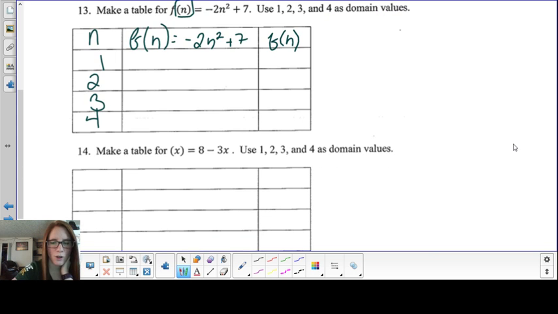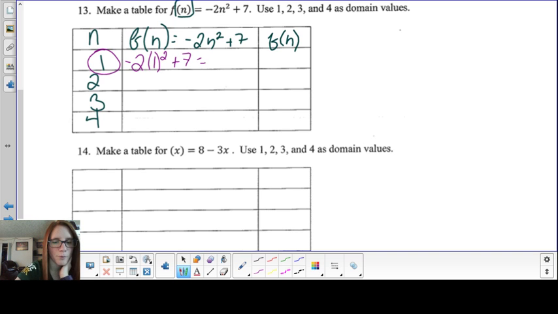Okay, so I'm going to try really hard to write small in this one. I might end up typing it so you can see what I'm saying as I go. So I'm going to plug in 1 every time I see n, because that's my first value. So I have negative 2 times 1 squared plus 7.